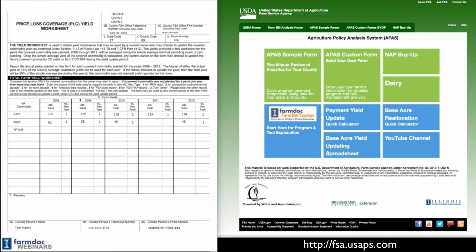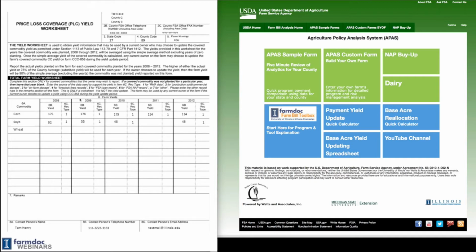What you actually need there is that APH yield calculation sheet, and you'll need the actual yields for 2008, 9, 10, 11, and 12. If you have that APH calculation sheet, you have the documentation. You look at those yields on that, put them on this form and indicate RMA, and also keep that sheet because that's the documentation.